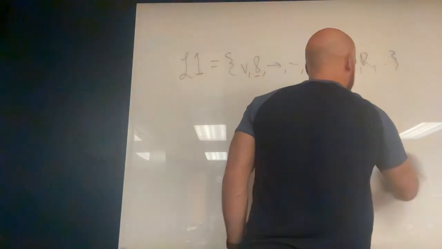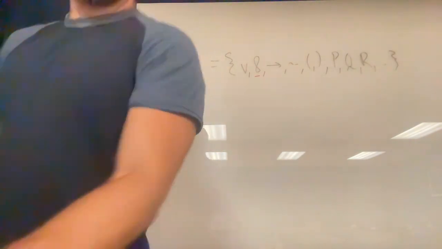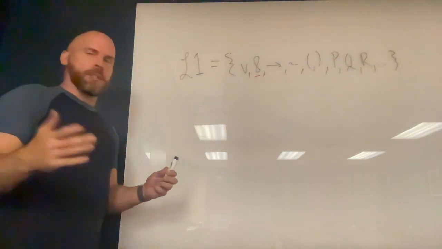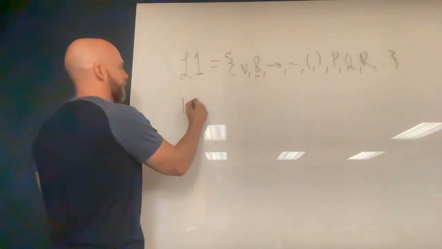But I'm going to give you a bit of a format. Again, a recipe. I'm big on recipes for walking through proofs. So I will give you questions that look something like this.